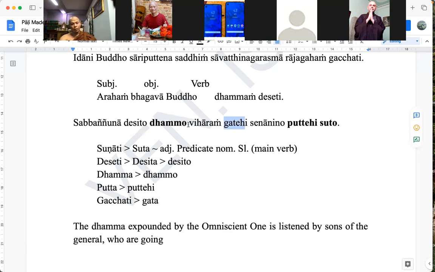So that is where they go: to the monastery, an object, or vihara. So in this way the sentence is longer. Gadehi also modifies Bodhi, and Senani no is also related to Bodhi.